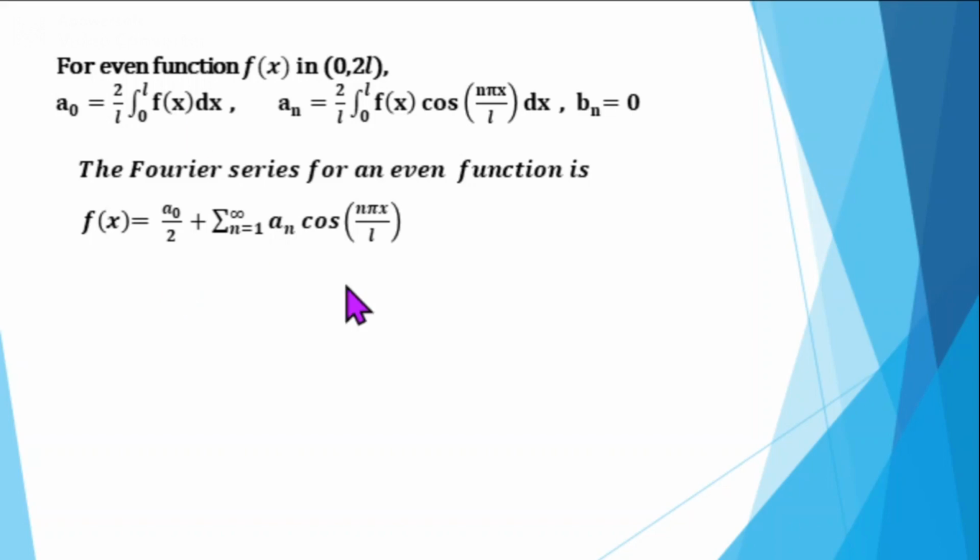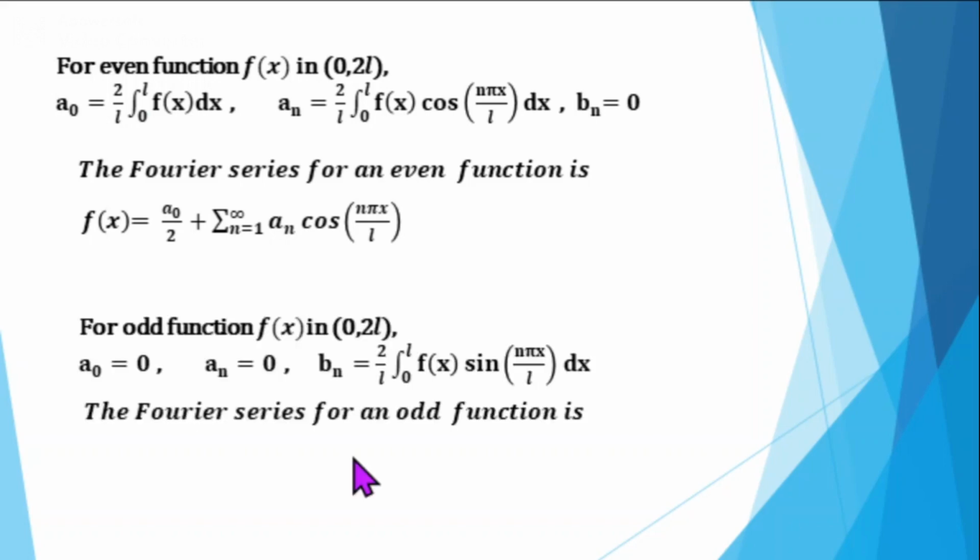Similarly, for the odd function defined in the interval 0, 2L, what are a0, an, bn? a0 will be 0, an will be 0, and bn will be 2 by L integral from 0 to L f of x sin n pi x by L dx.